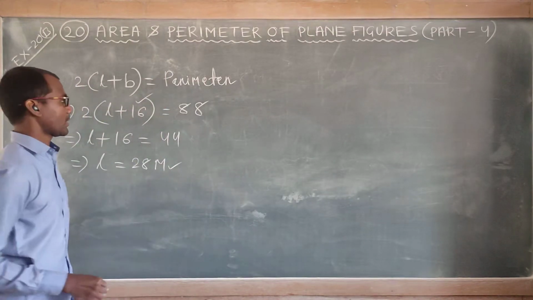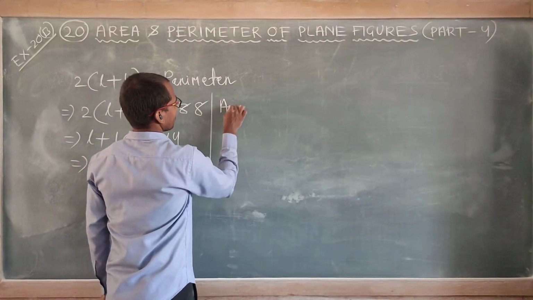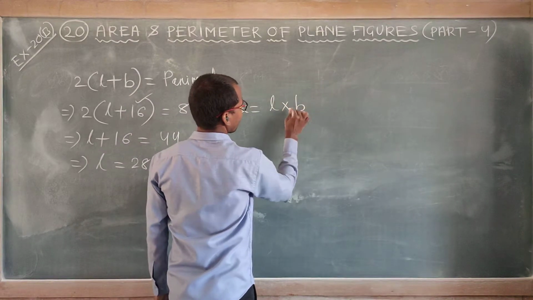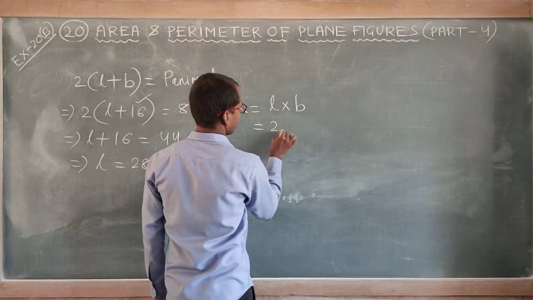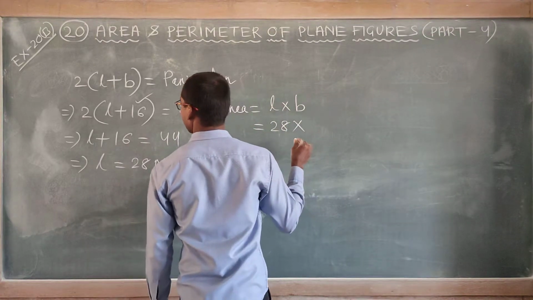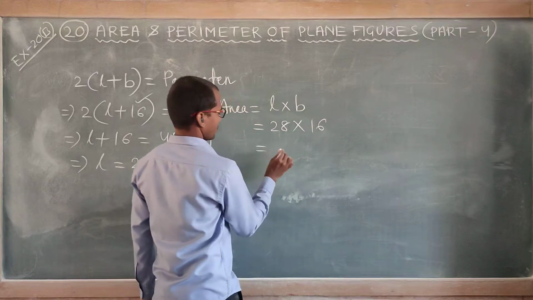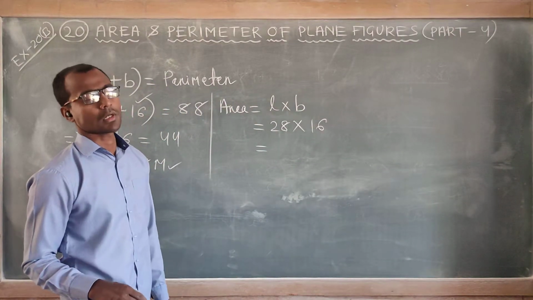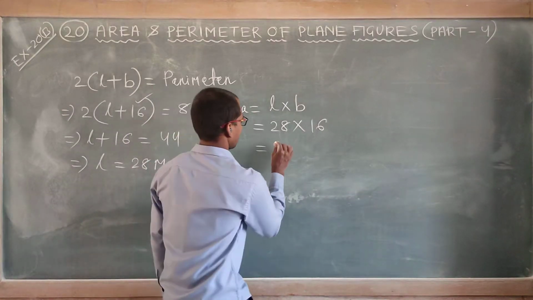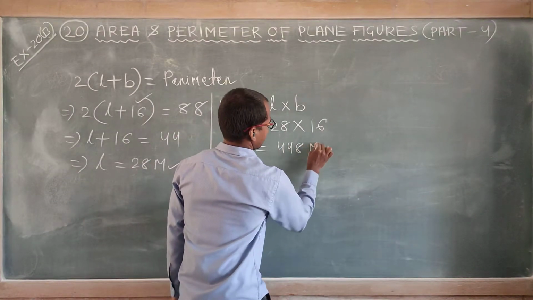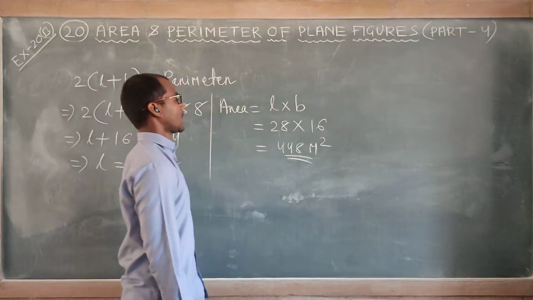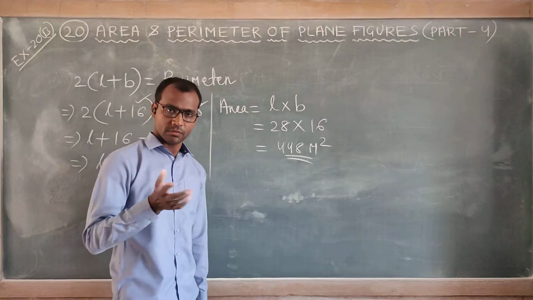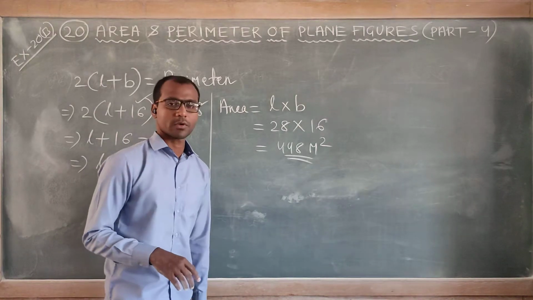We can easily find the area. Area is equal to L into B. 28 into 16, which is 480 minus 32, 448. Okay, so area of the rectangle whose breadth is 16 meter for the same wire is 448 square meters.